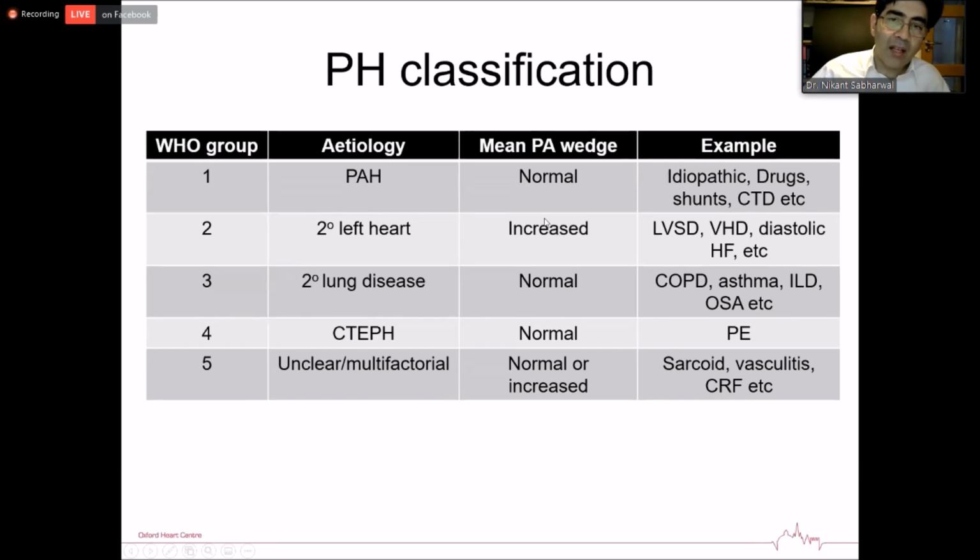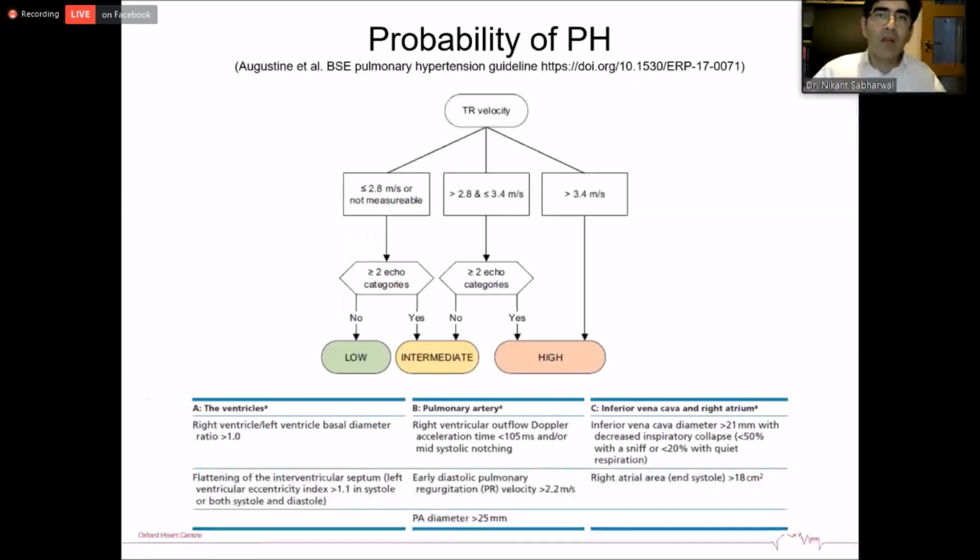Because if you have high left atrial pressure due to any form of left heart disease, that is actually very important to determine on the echocardiogram. So these are the guidelines that have been produced. Now, this is the British guidelines, but the American and the European guidelines are very similar. I'd highly recommend looking at this document. It's very helpful. It's a very well written document.